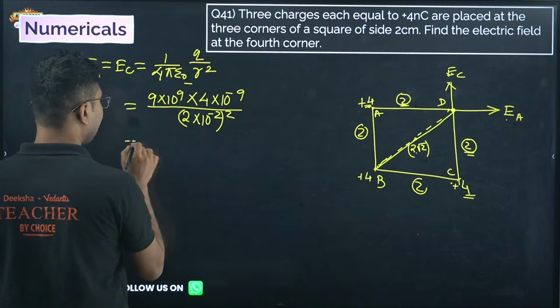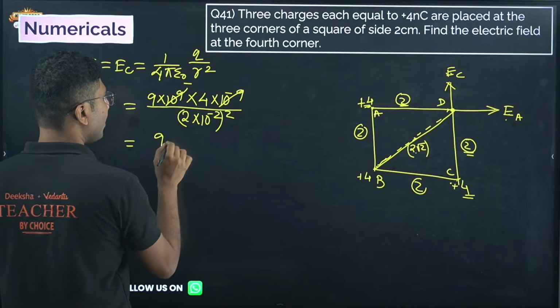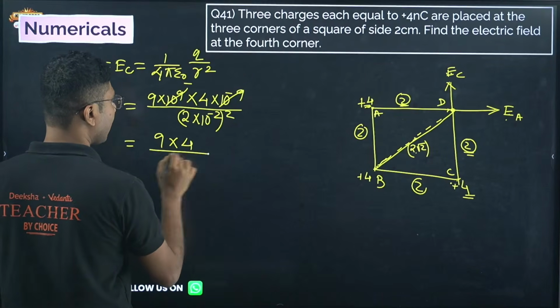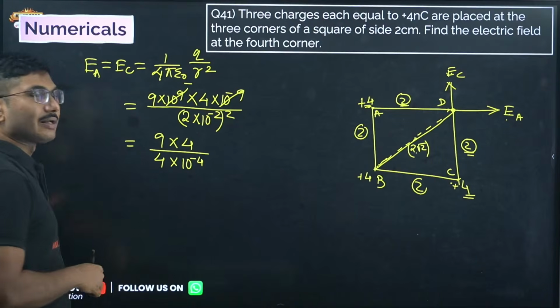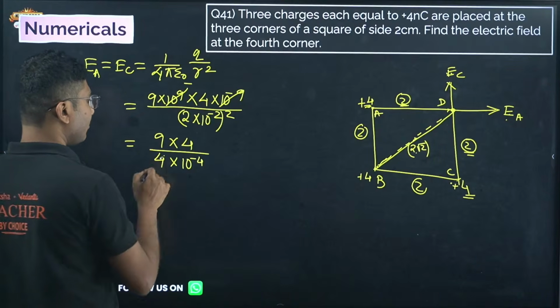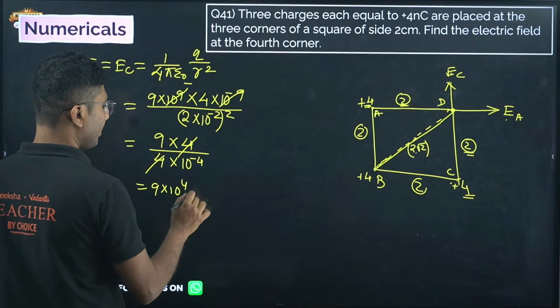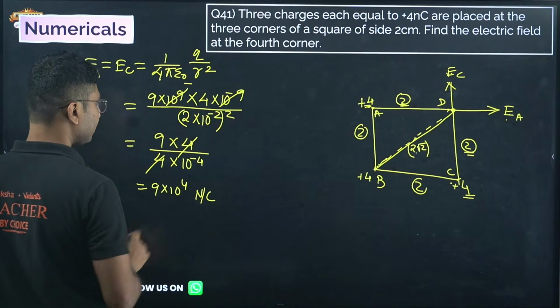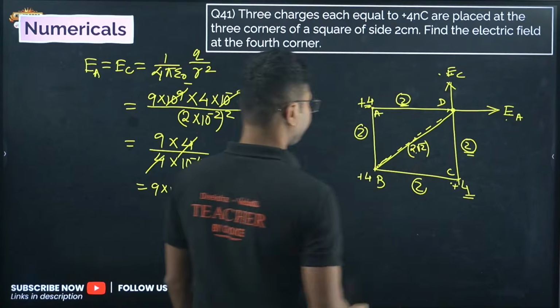Those who have followed my lecture by now, they should be comfortable with this. Those who are not super comfortable, you have to use this. This is much easier than handling decimals. So 4 cancels, you get 9 into 10 to the power of 4 Newton per Coulomb. So this is any one of the electric fields EC and EA.